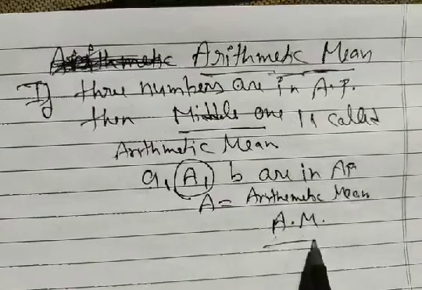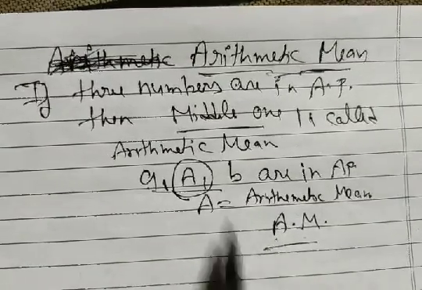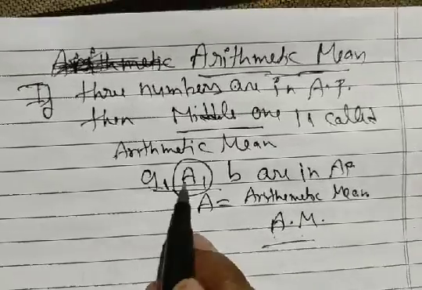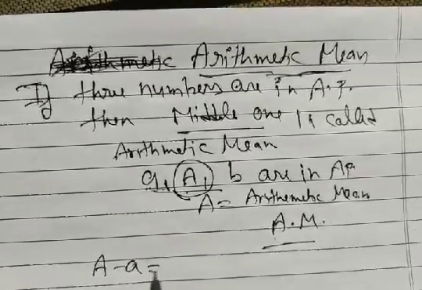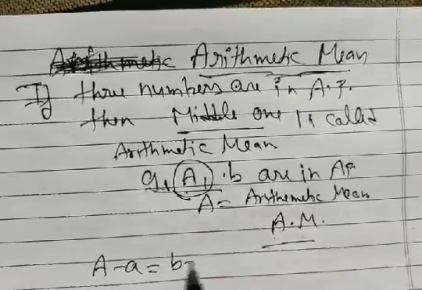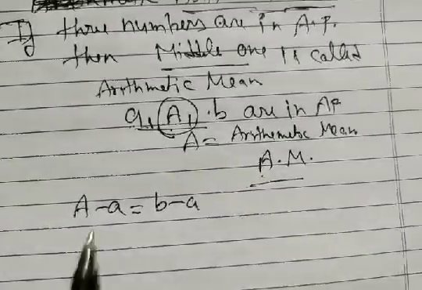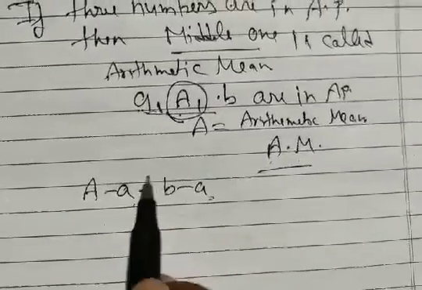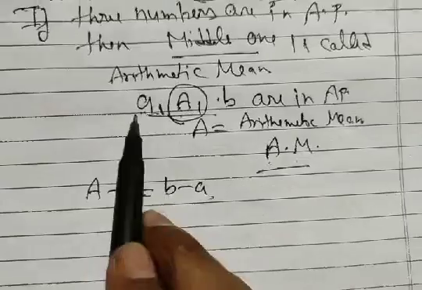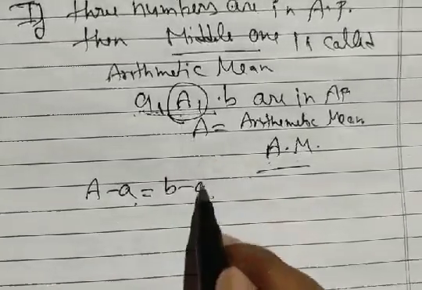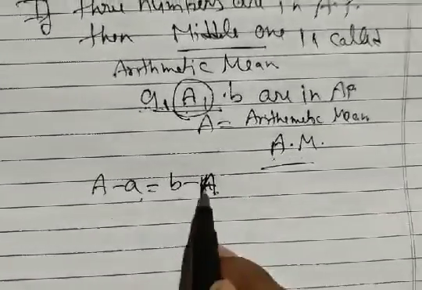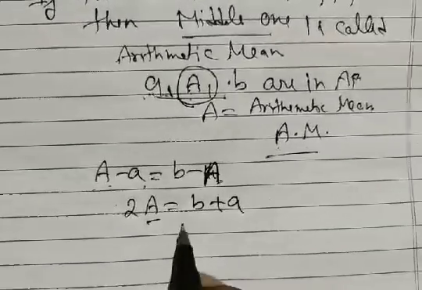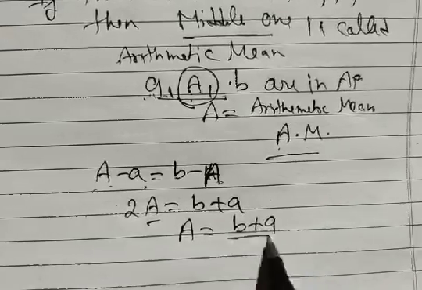Then our AM, using the basic concept: if these numbers are in AP, then the difference M minus A is always equal to the difference B minus M. Shifting terms, we get 2M equal to B plus A. Then M is B plus A by 2.